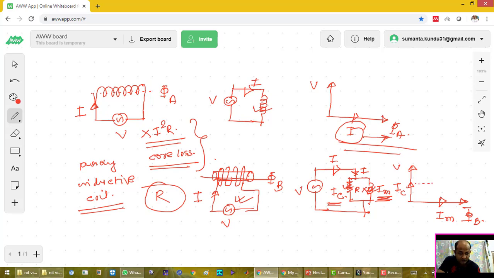So now this is my resultant current I, and the angle between the current and the voltage is alpha. So here we can see that the flux is lagging the current by some angle alpha.